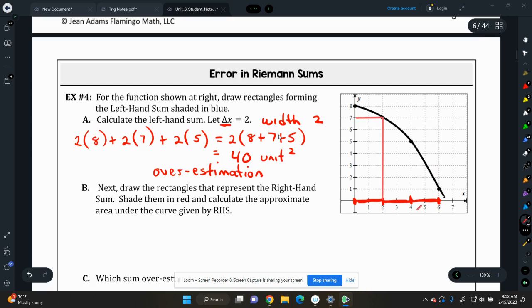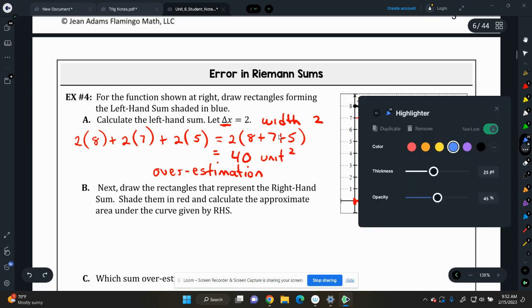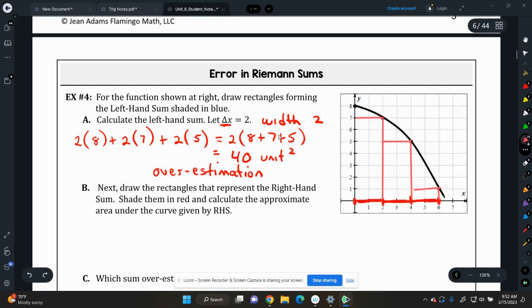So it's going to look like this. Take the right edge until it intersects with the curve. So there's my rectangles. And this time we are shading it in red.